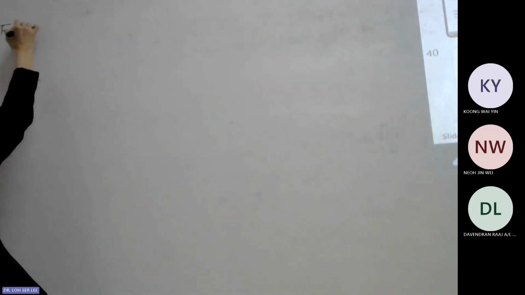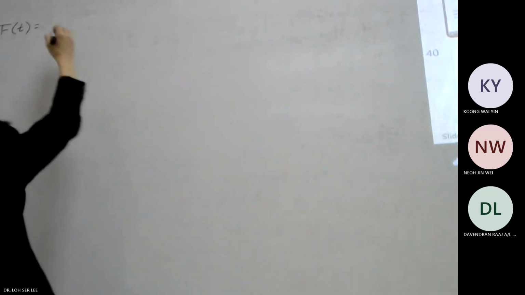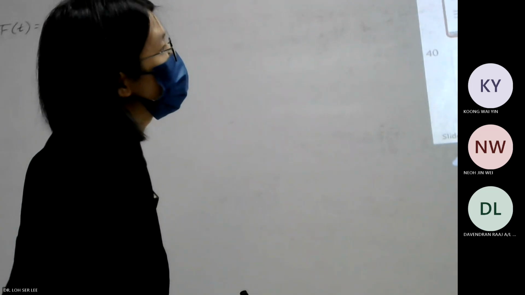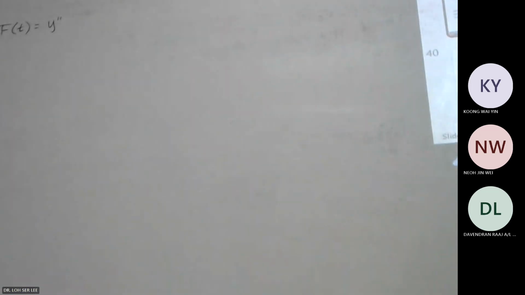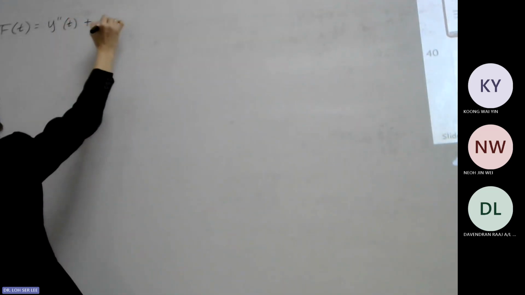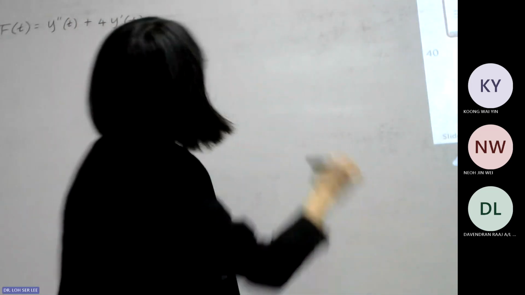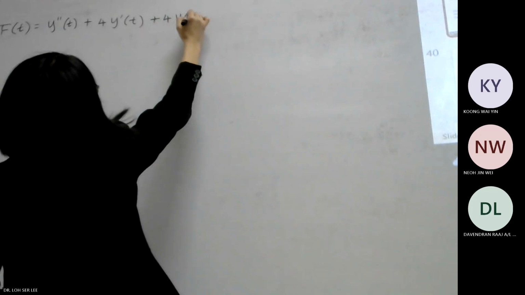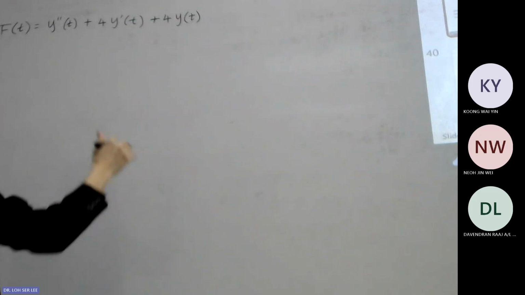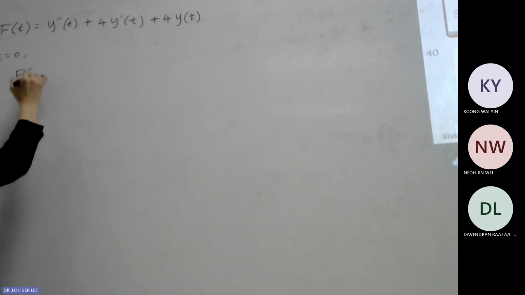Your Ft, m is 1, so y double prime plus B is 4, y prime, and your K is 4. Okay, so you have this equation. Now when t equals 0, we need to find for this.